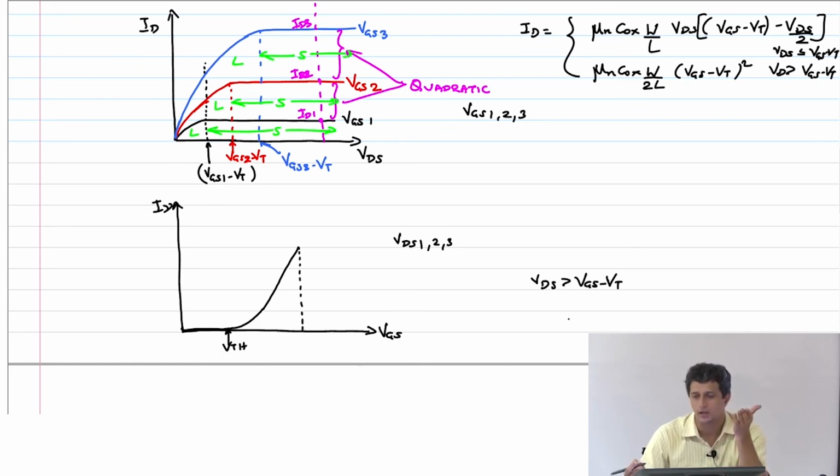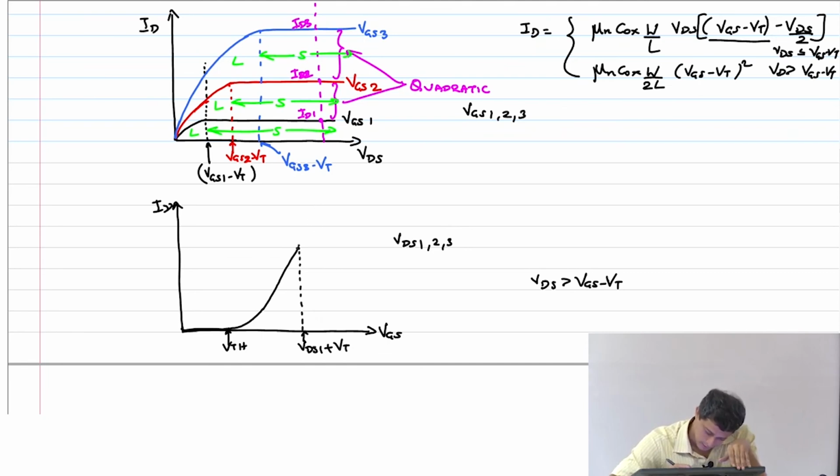At some point VGS will reach a point where the transistor goes into the linear region. So what VGS is that? VDS, exactly. So this is VDS1 plus VT. After that, it's a linear thing. Look at this equation. As a function of VGS, there is only a linear term. This will simply go linearly.